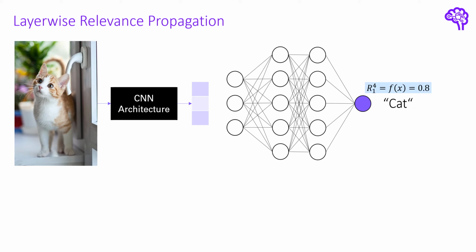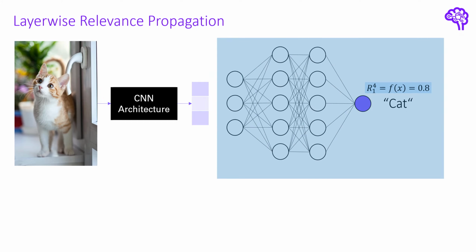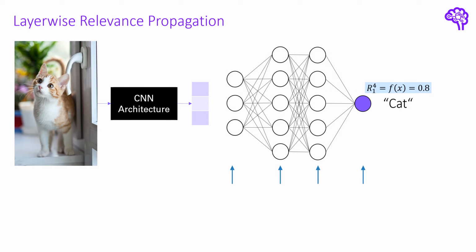We don't care about the probabilities for the other classes and therefore set them to 0. Let's focus on the classifier part of our network. Here we have 4 layers, and we can denote the relevance for the output neuron with R1 because it's the first neuron, to the power of 4 because we are in layer 4 of the classifier part. Now we can move to the next layer.